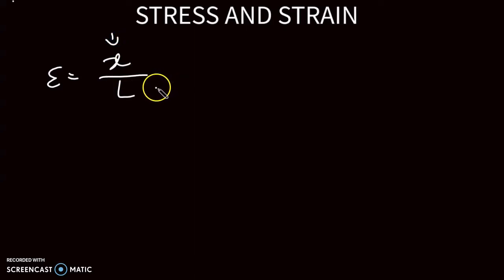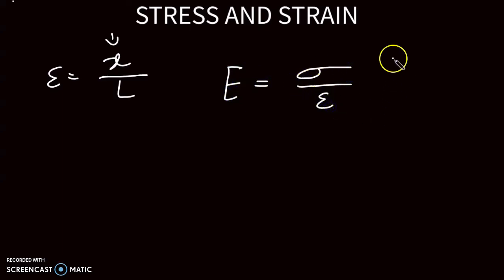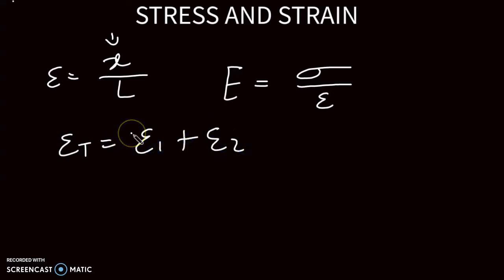So we are going to use another formula, which is Young's modulus equals the stress divided by the strain. Since we were given the Young's modulus as 200 gigapascal, we are going to use this formula to get strain number 1 and strain number 2, because we are asked for the total strain. We know strain number 1 plus strain number 2 will give us the total strain. So we're going to start with strain number 1.